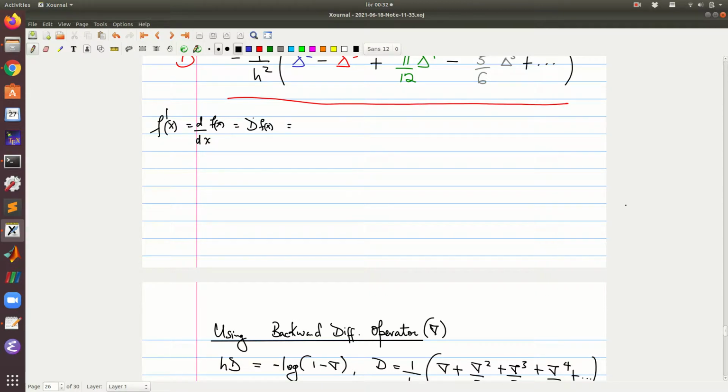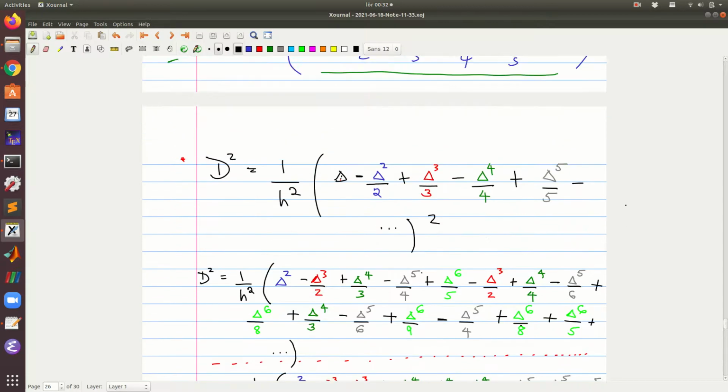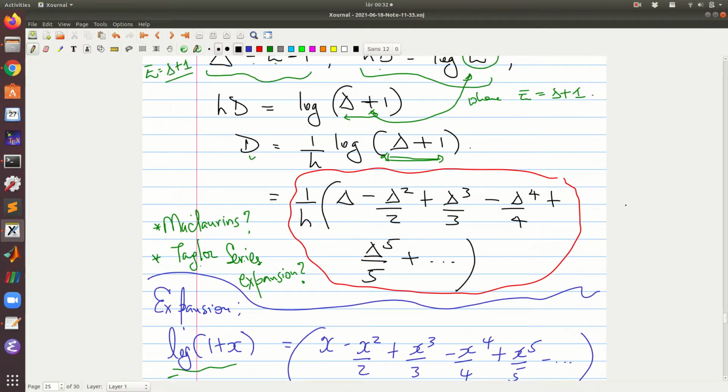But we already have the expression for D, this one here in red. So D of f of x is going to be this. Then you just replace f of x throughout, f of x and f of x.